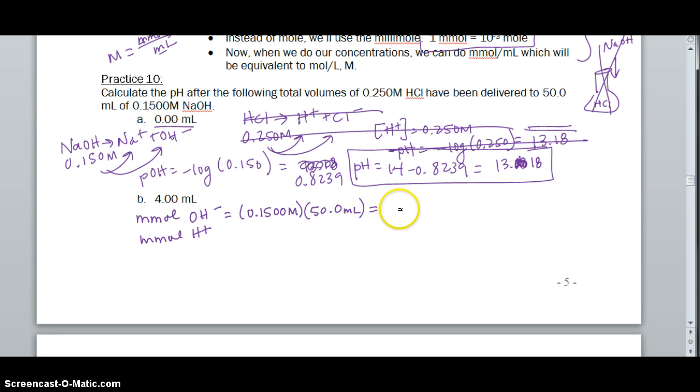And so I get 7.500 millimoles of base. To get my H+, the concentration of acid is 0.250 molar. I've delivered 4 milliliters, and so I've added 1 millimole of acid.